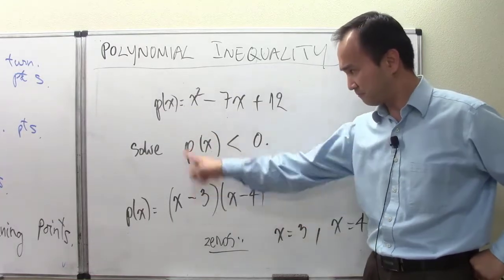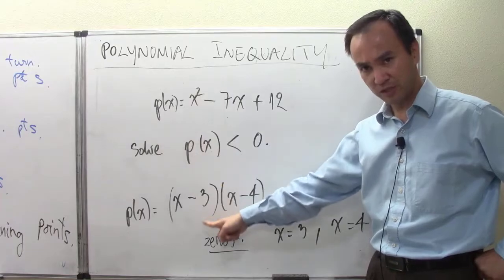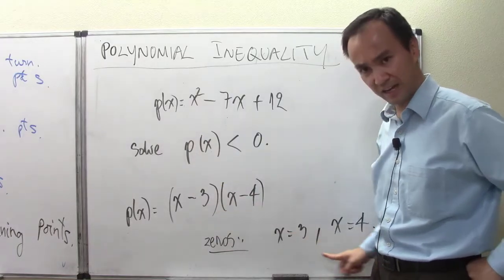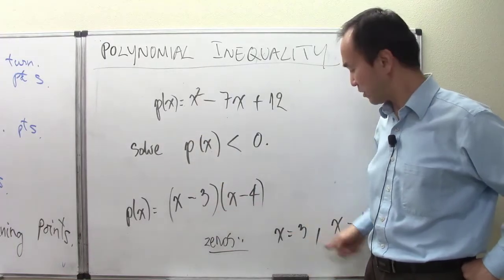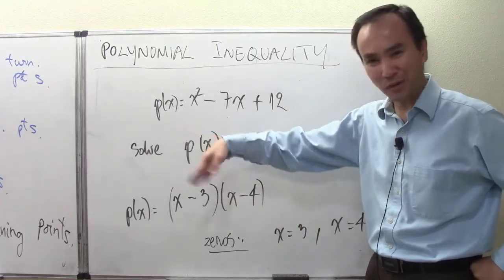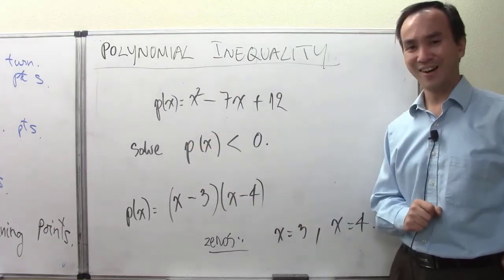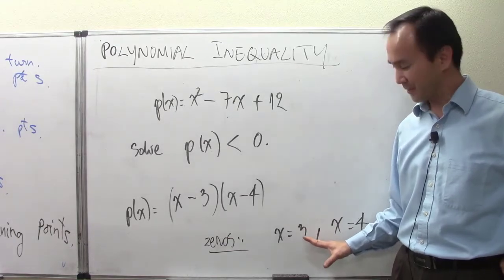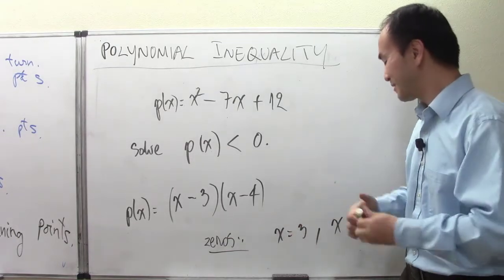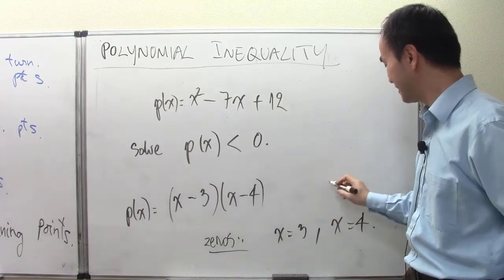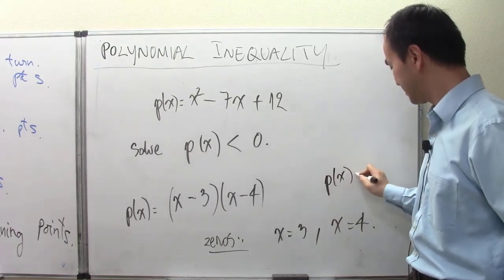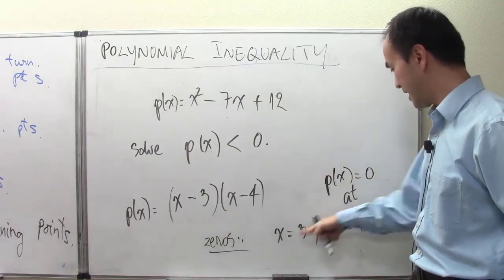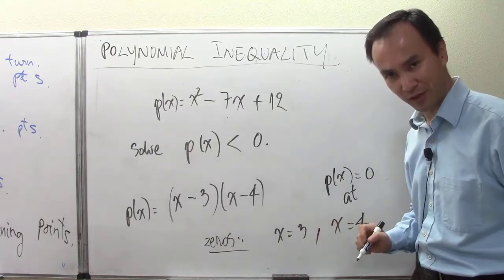We factored this polynomial into two separate factors, so we end up with two zeros, each with multiplicity 1. Those are the zeros because p of x equals 0 at x equals 3 and x equals 4. That's why I call them zeros.